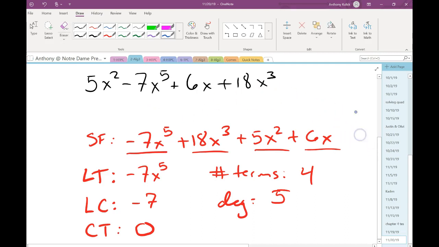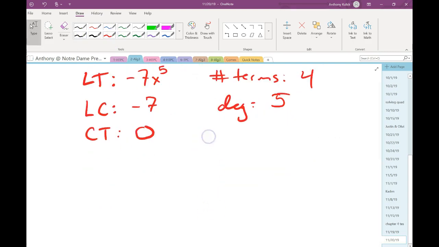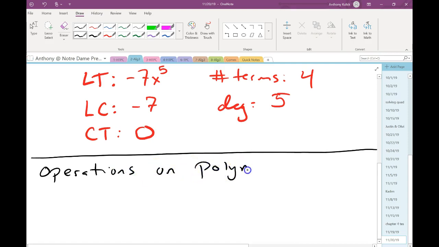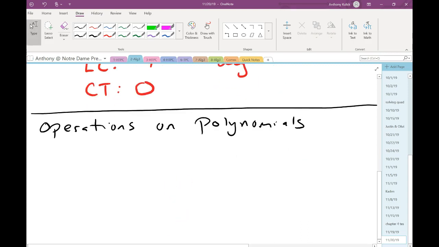Today, we're going to continue talking about polynomials by talking about operations on polynomials. So let's just say we have a couple of example polynomials.